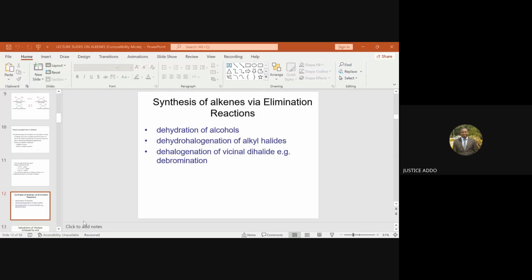At this stage, my advice is for you to pay critical attention to something. For every reaction, whether in the synthesis or reactions of organic molecules, there is always the starting material.